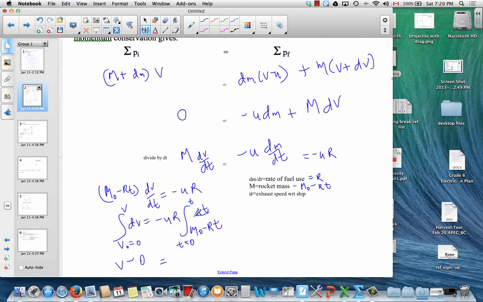On this side, we got to do a little bit of work. Let's actually pull the minus r in. That would be better.